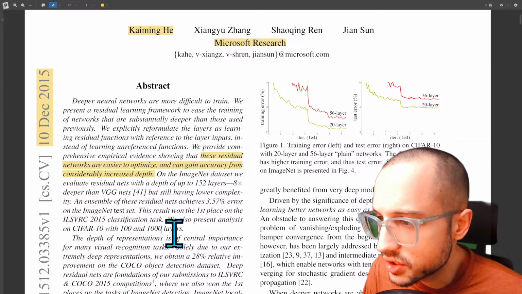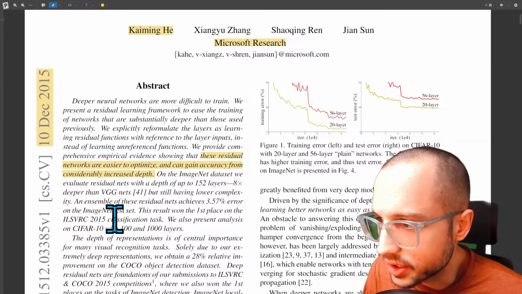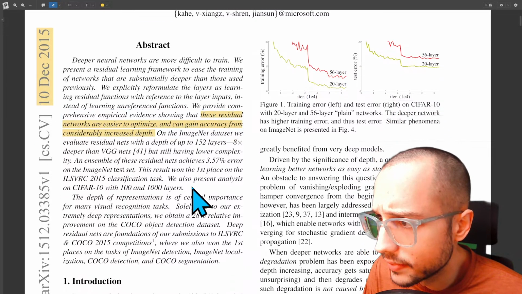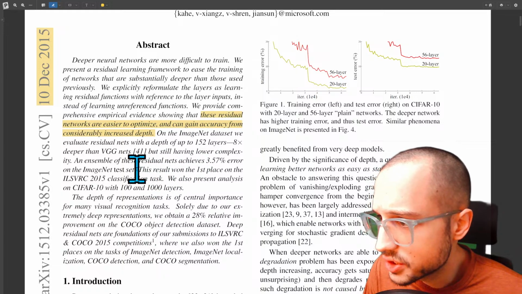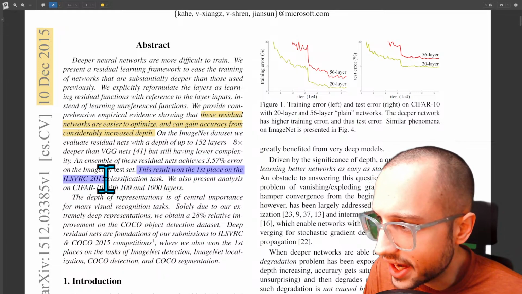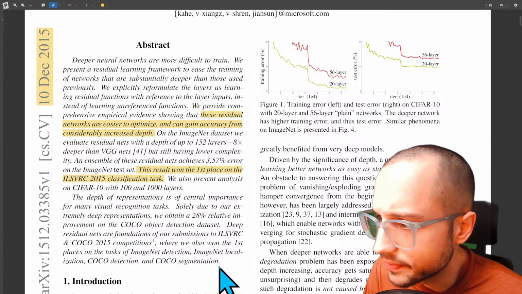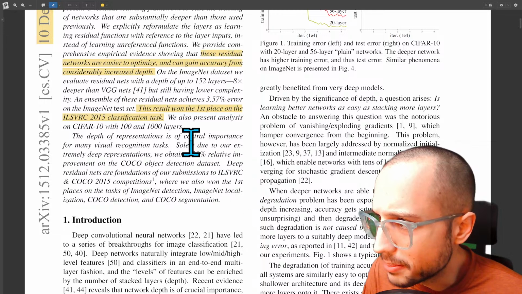Yeah, residual connections really allowed deeper networks to happen. Still using ImageNet as the benchmark here and VGG nets as the generic ConvNets. This result won first place on the ILSVRC 2015 classification task, so it was definitely making waves when this got released.